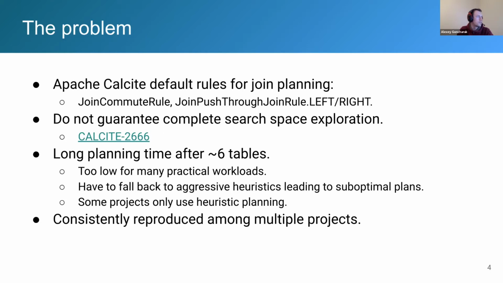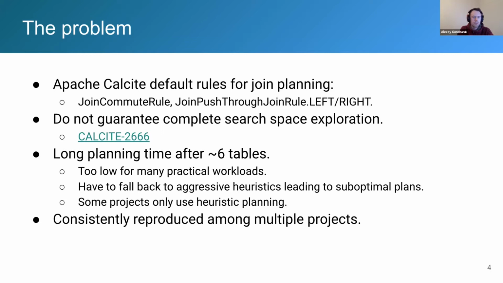The first one is that the default rule set for working with joins in Apache Calcite consists of the join commute rule and the push-through left and right rules. The first thing that we saw is that the default rule set does not do an exhaustive search, and even when we started looking into that, we saw that there was already an issue filed where it was explained how to overcome this.